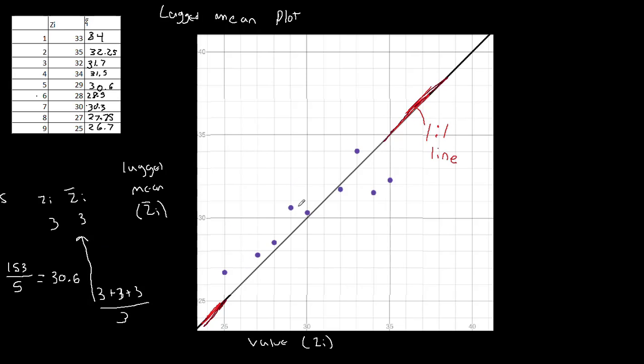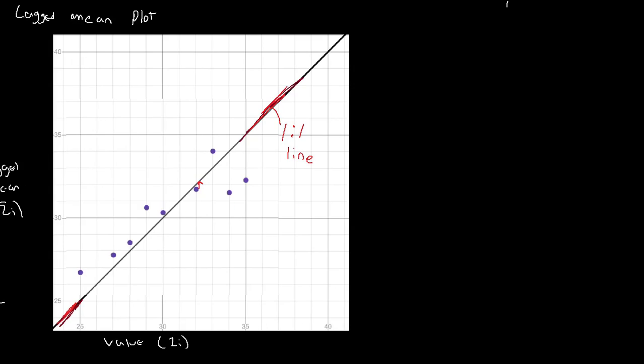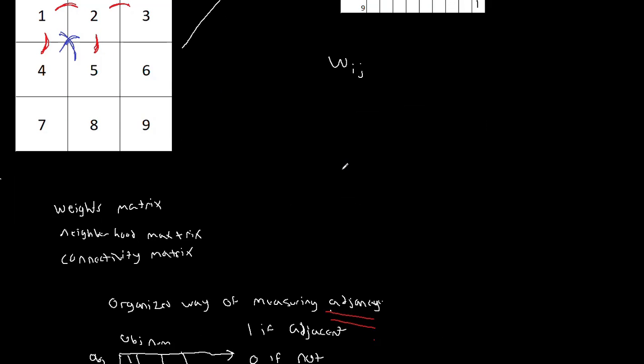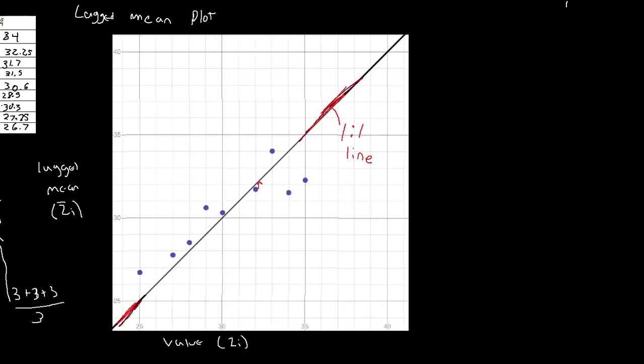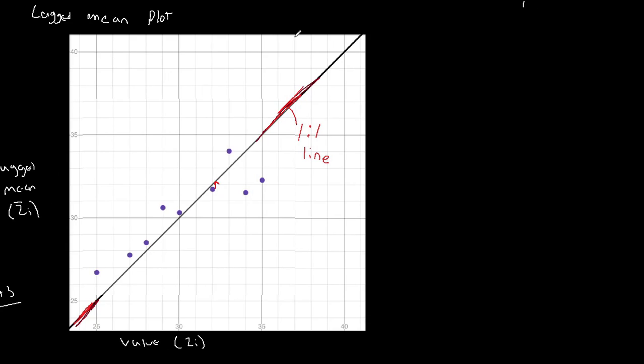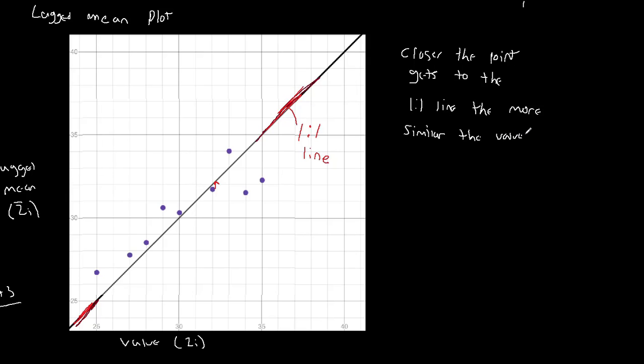The closer the point gets to the one-to-one line, the more similar the values of all of its neighbors are likely to be.